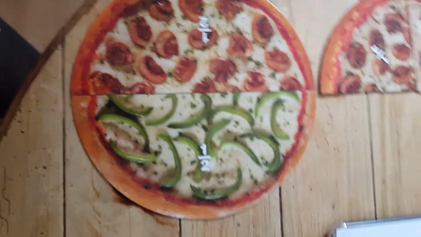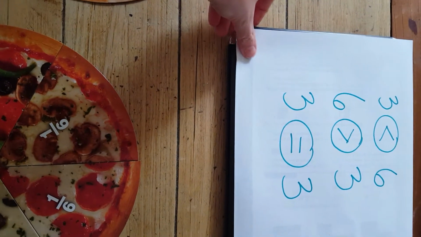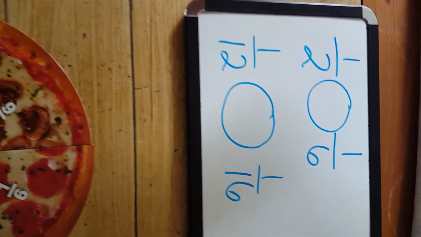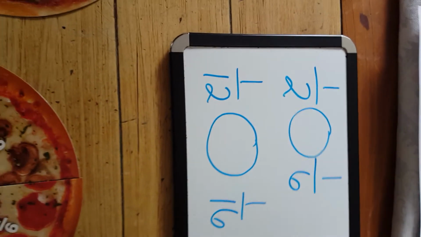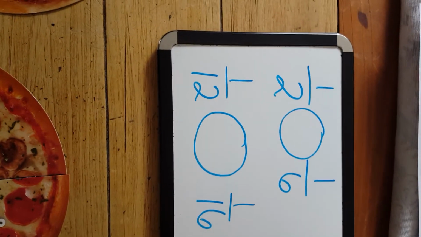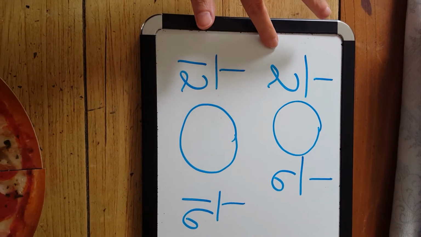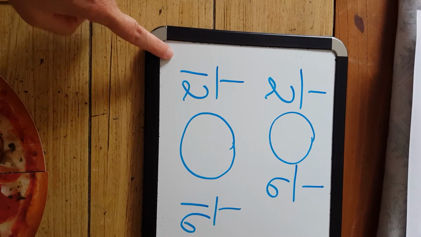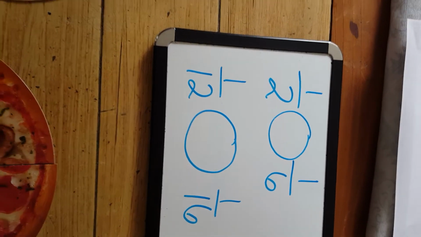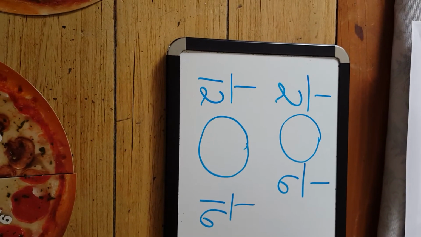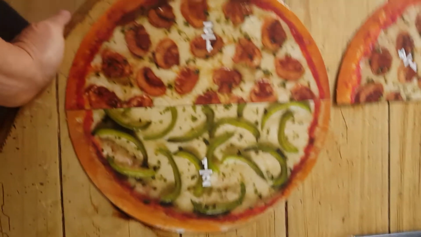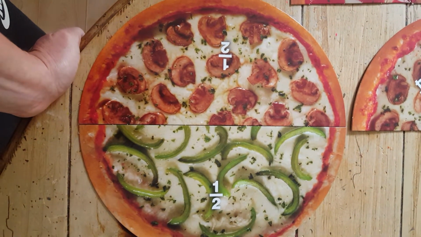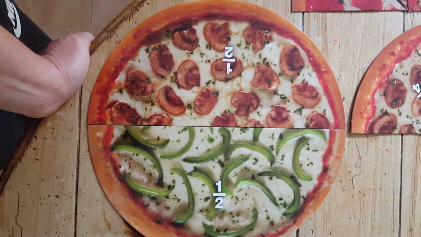So let's take a look at that. Let me move this. So the key when we are comparing fractions is to always look at the denominator. Always look at the denominator first. So, for example, here is 1/2 of the pizza. That is a big piece.